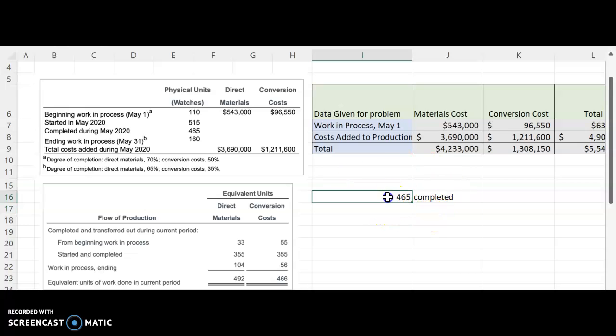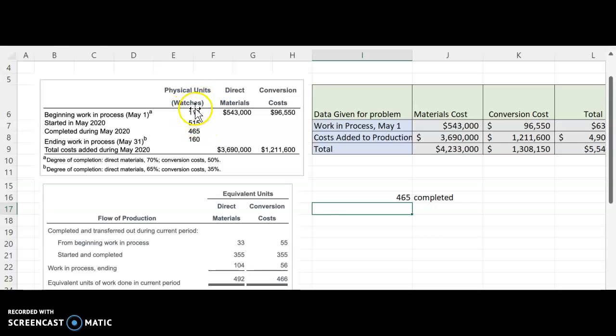So we really didn't complete 465. We actually said, okay, once we get that batch or that process done, once we get those 33 done, we're ready to move all 110 out. So once we get those done, we're going to move those 110 because they have got to go out first.